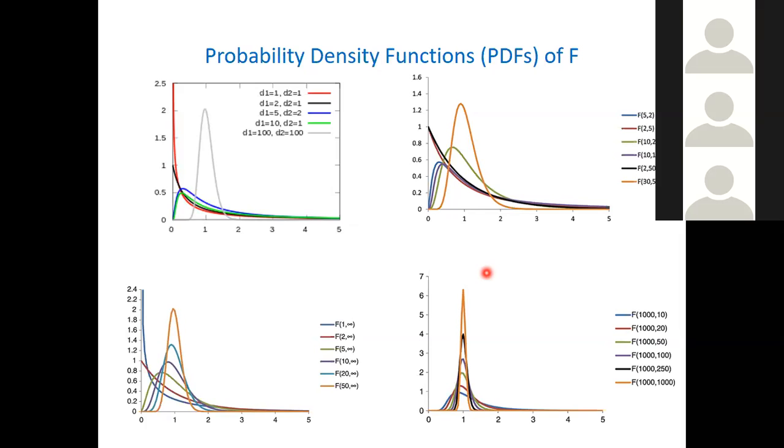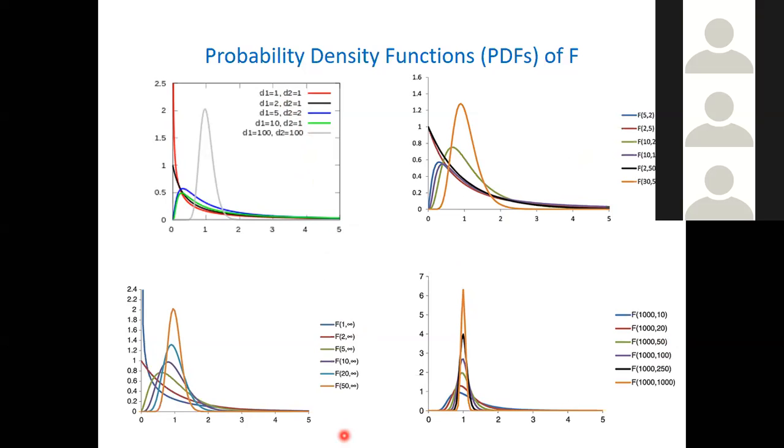For a particular curve for T, there is only 1 degree of freedom, and for chi-square it's also only 1. But for the F distribution, there are 2 degrees of freedom, a pair: the degrees of freedom for the numerator and for the denominator. That is what we explained when we were calculating the F ratio. So if you look at all these graphs, you can see 2 degrees of freedom for each graph. These are their values in brackets.